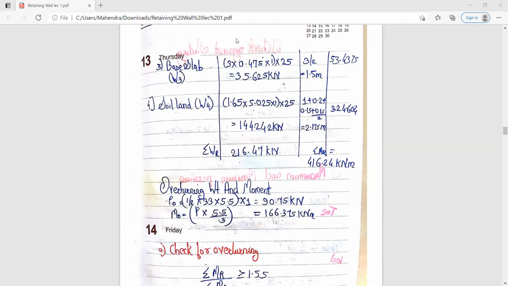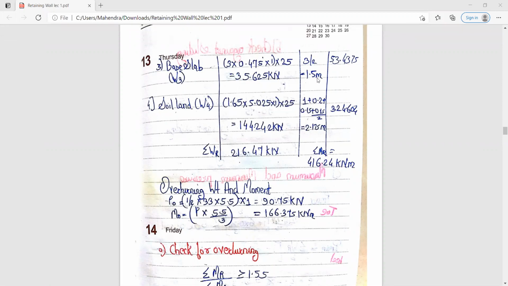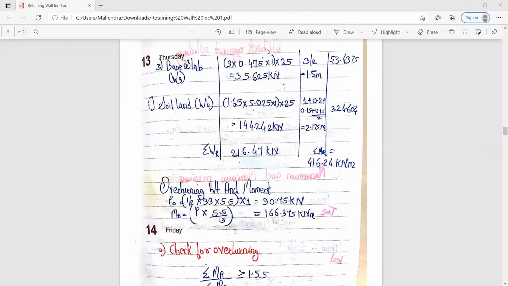What value did you get for W4 and the moment? 216.26 is the value for the moment.